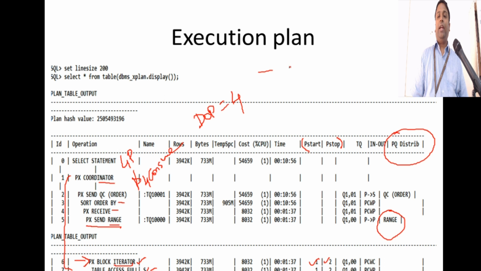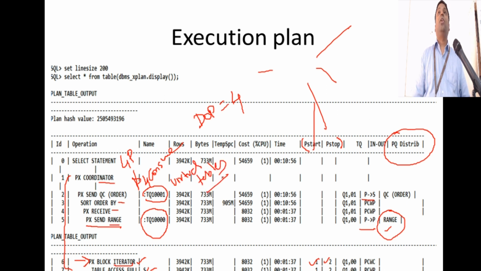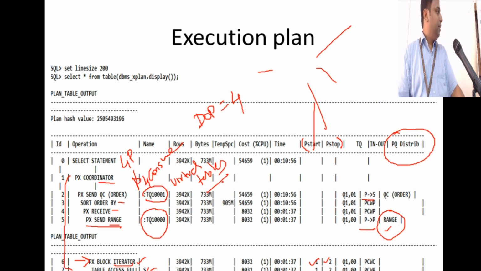You read every record, and based on the range you distribute it to the consumers. You are also going to know what P to P and P to S are, and what TQ1000 or TQ1001 are. These are nothing but virtual tables used for sharing records between producers and consumers.